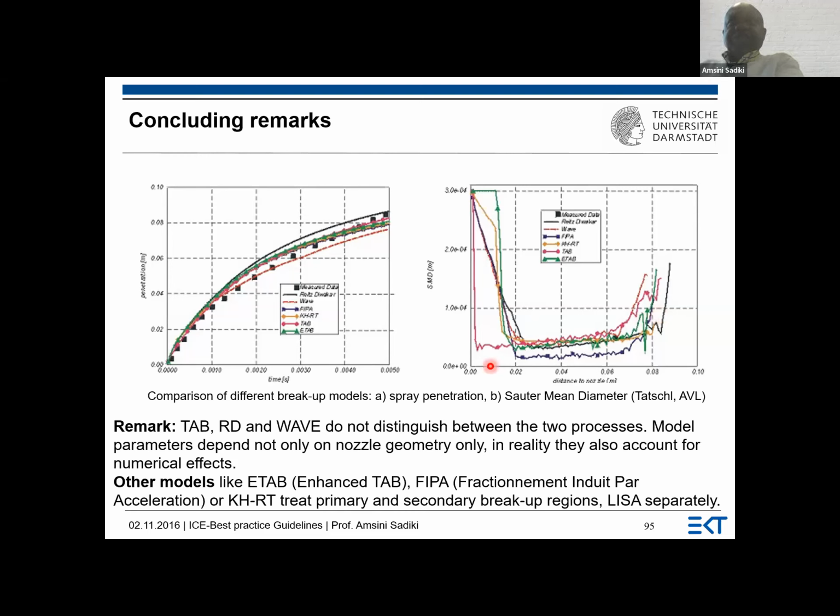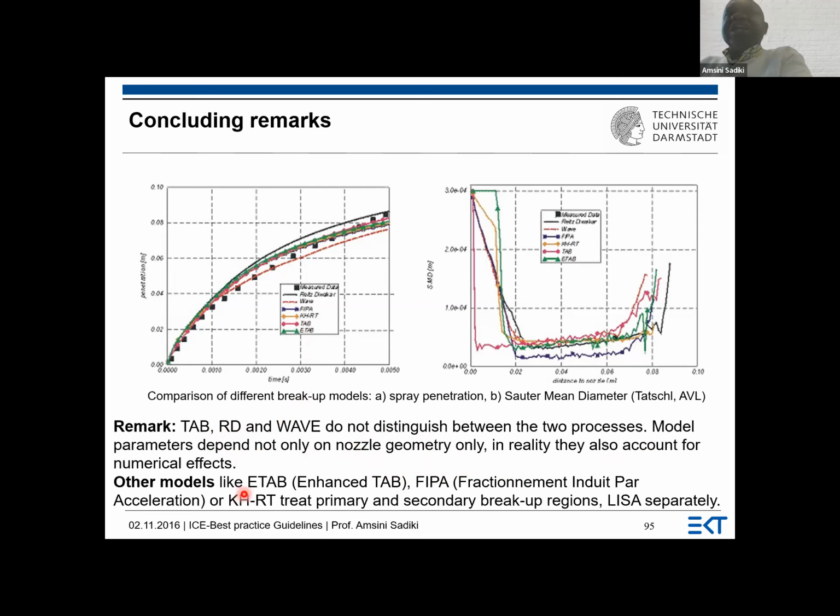First remark here: the TAB model, the Reitz-Diwakar model and the wave model do not distinguish between the two processes, I mean the primary and secondary breakup. The model parameters depend not only on nozzle geometry, but they also account for numerical effects. And naturally, as I told you, they include different model parameters.